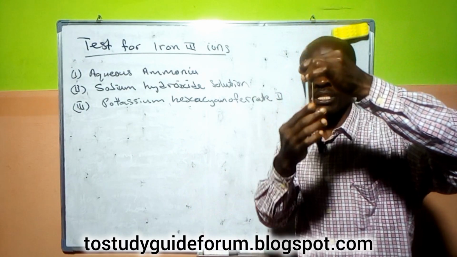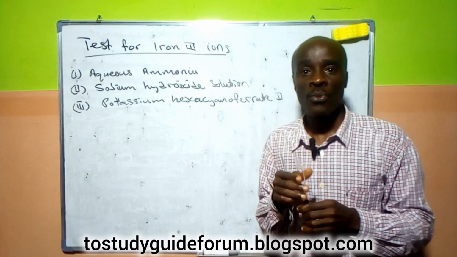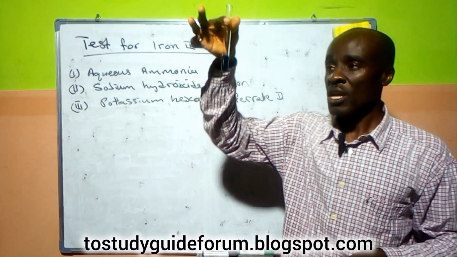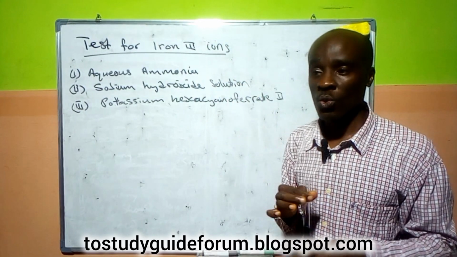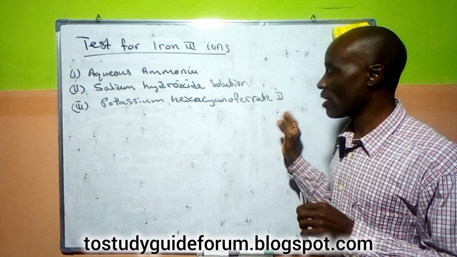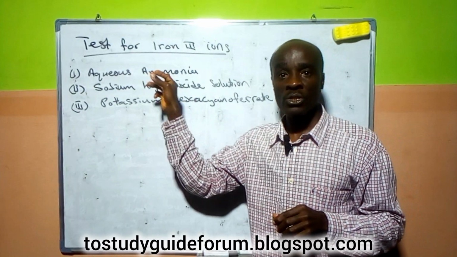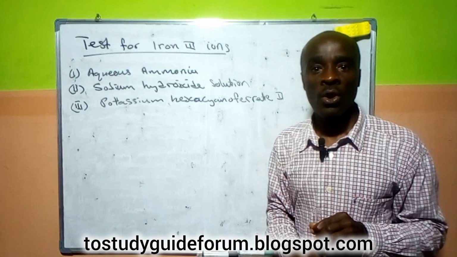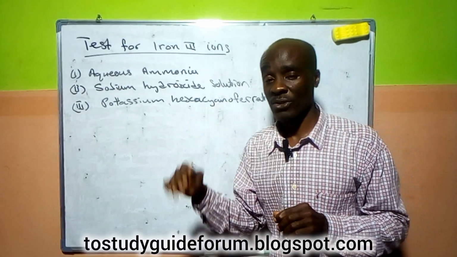Now don't make the mistake of what happens with copper sulfate. When you add aqueous ammonia in excess, it gives you a deep blue coloration. Remember, it does not mean that it's iron 3 solution. Aqueous ammonia forms a deep blue solution with copper ions, not a precipitate.